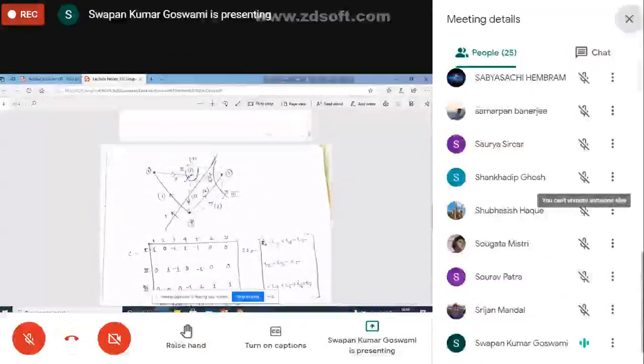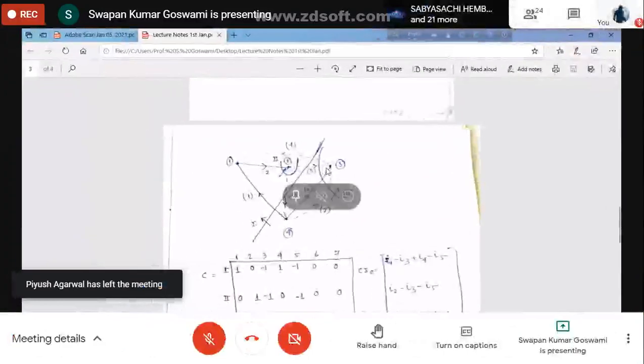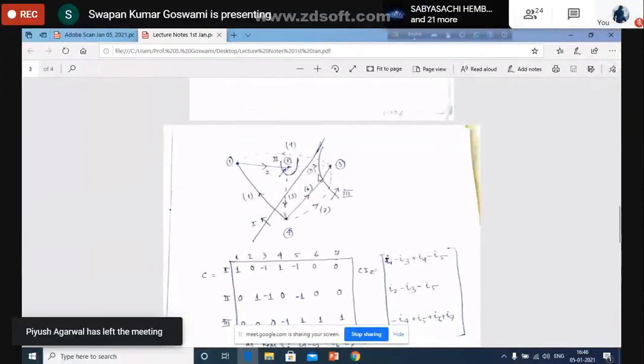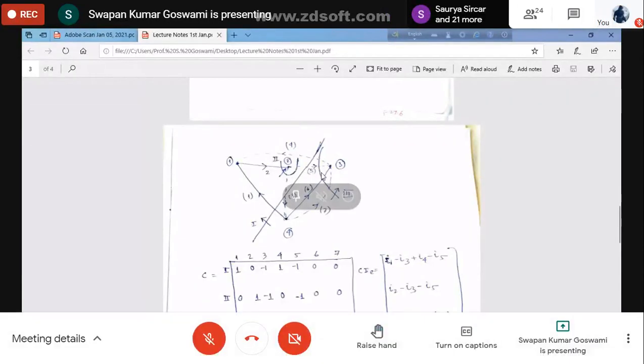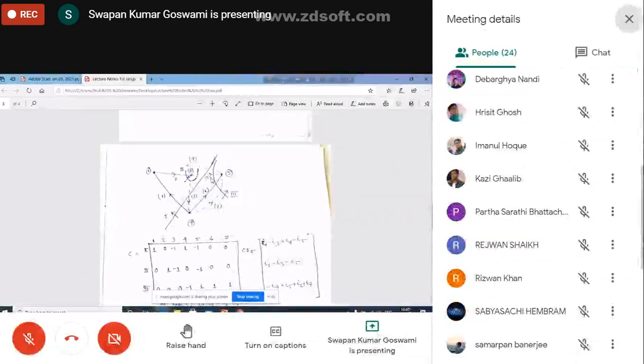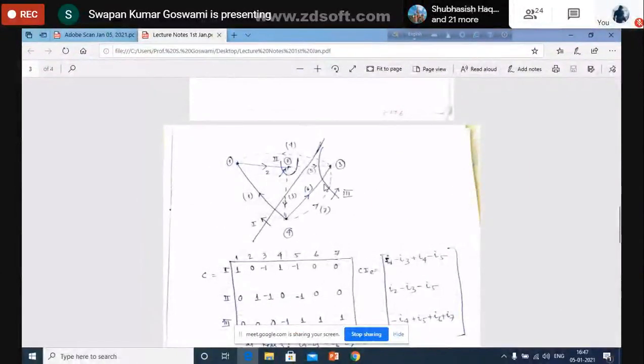But the direction of element 5 is towards the direction of cursor 3. That means the direction of element 5 is against the direction of cursor 1, but towards the direction of cursor 3. That means its direction is opposite with respect to the two cursors. That's why its admittance has appeared as a negative admittance, minus y5.